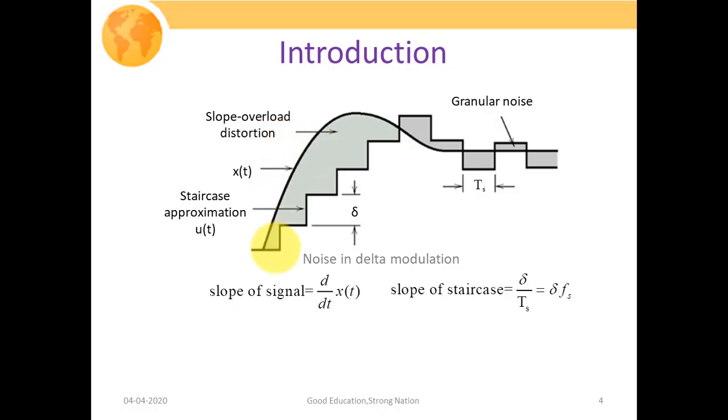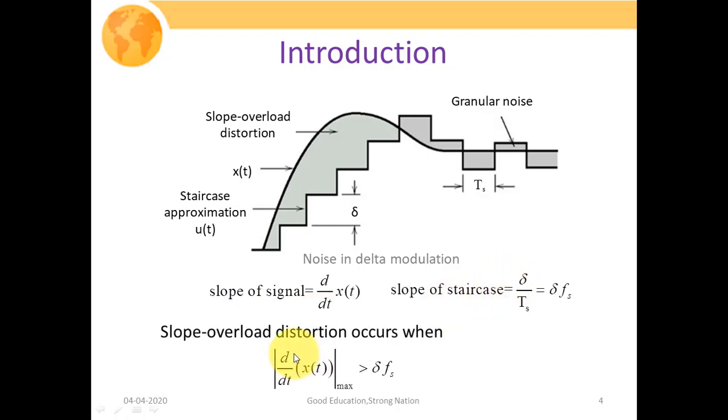So when will slope overload distortion happen? It will happen when the maximum slope of the signal variation is greater than the slope of the staircase, I mean, when the maximum slope of signal variation is greater than delta times fs.